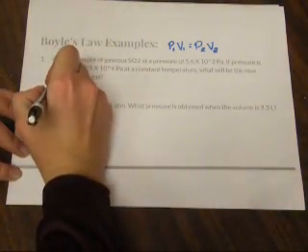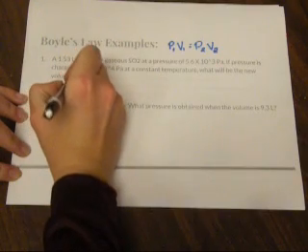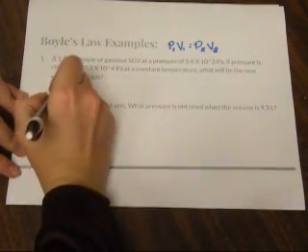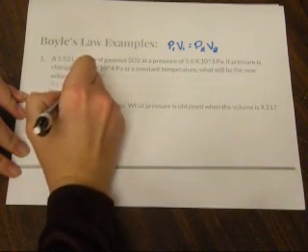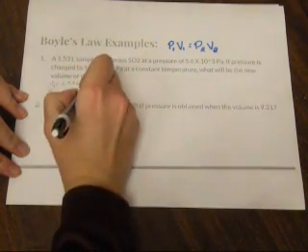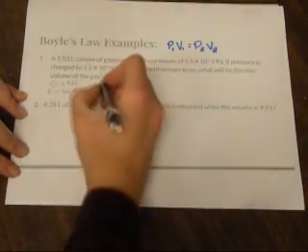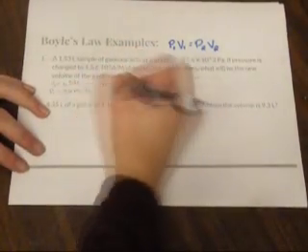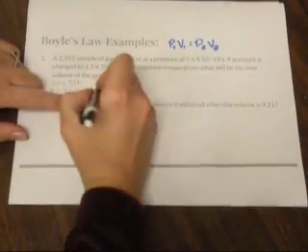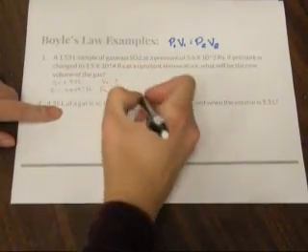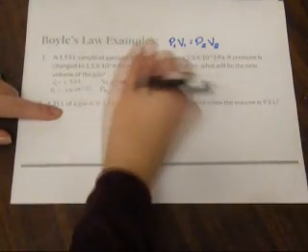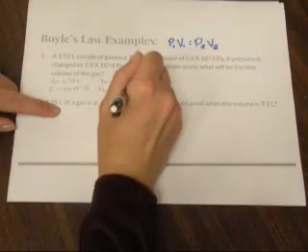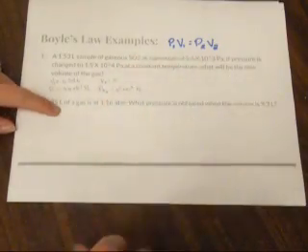Volume 1 is 1.53 liters, and pressure 1 is 5.6 times 10 to the third pascals. Volume 2, we don't have; that's what we're looking for, so that's a question mark. And pressure 2 is 1.5 times 10 to the fourth pascals.